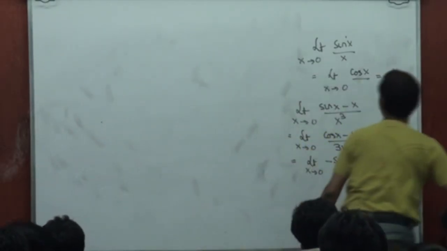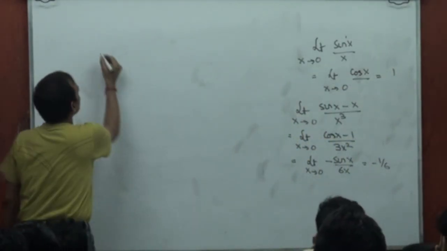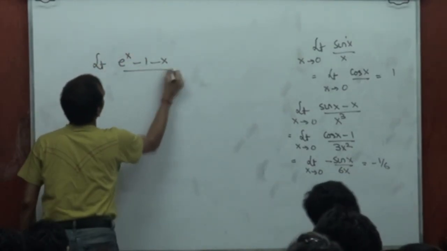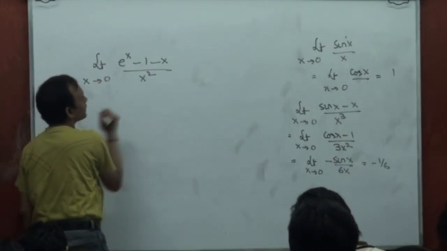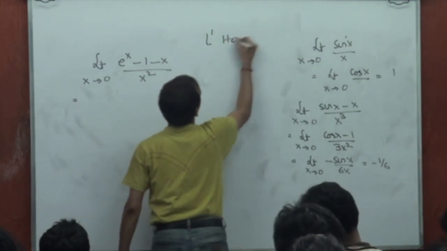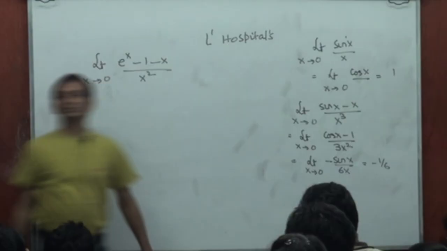And then there is another limit, e power x minus 1 minus x by x squared as x tends to 0. Even before I talk of the other kind, let me apply L'Hopital's to this. This rule, by the way, I don't know if I mentioned the name, is called L'Hopital's rule.